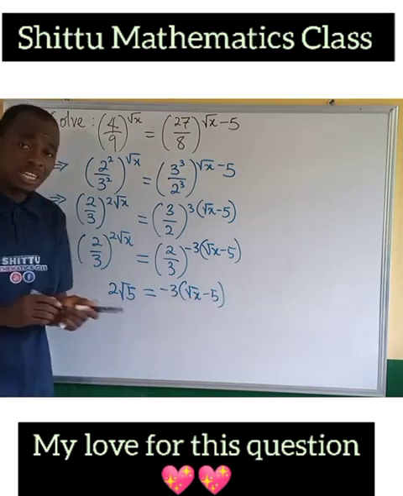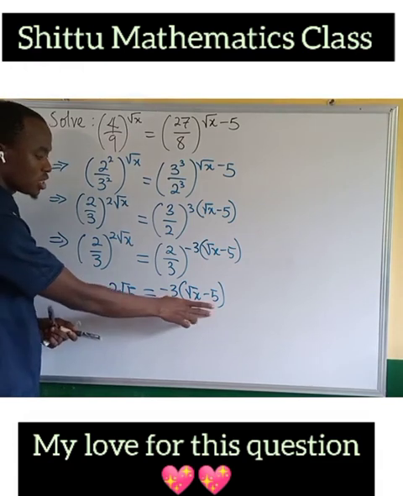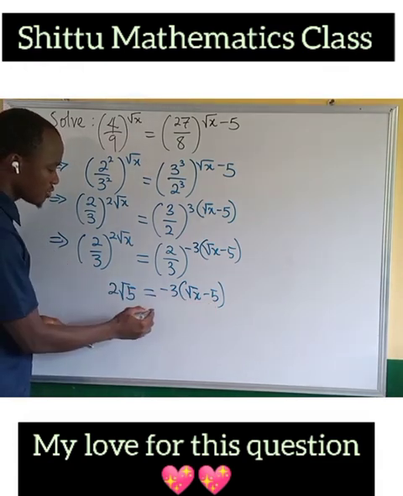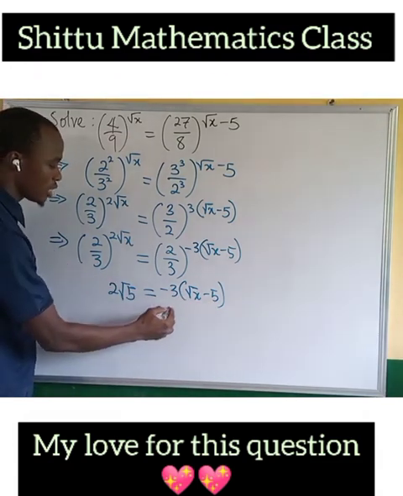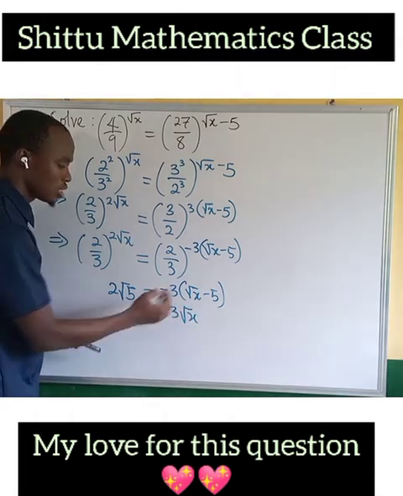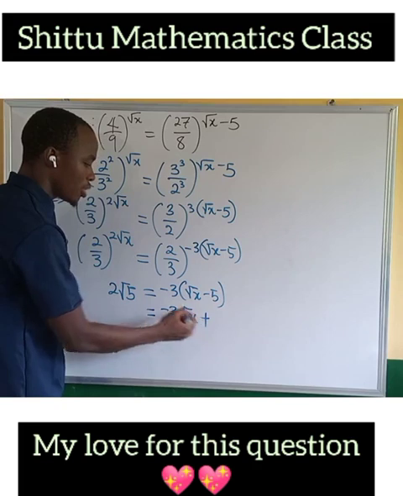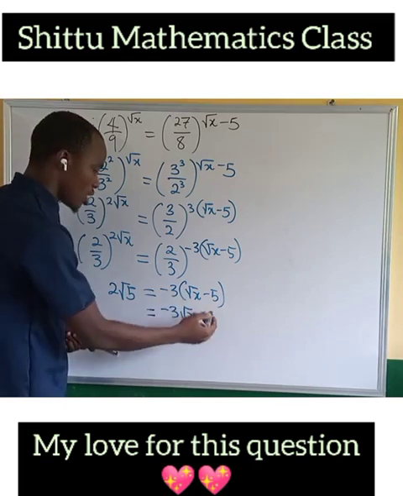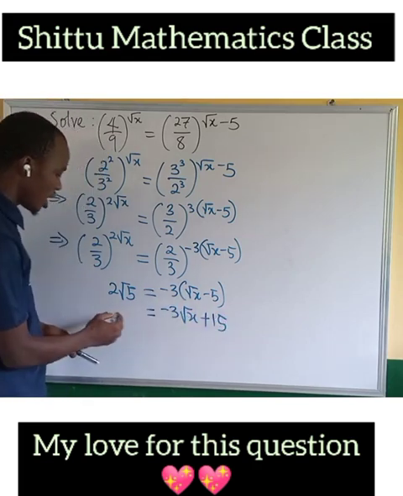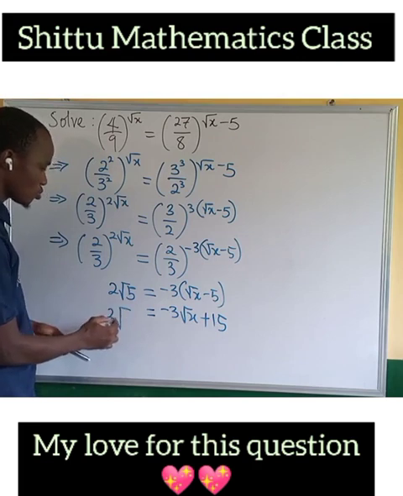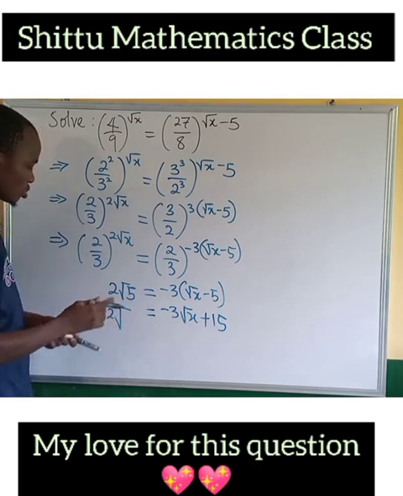So from here, what's the next thing to do? We try to open this bracket. On the right hand side, we are going to have minus 3 root x. Then minus times minus, we are going to have plus 3 times 5, which is 15. And we have 2 root x on the left.